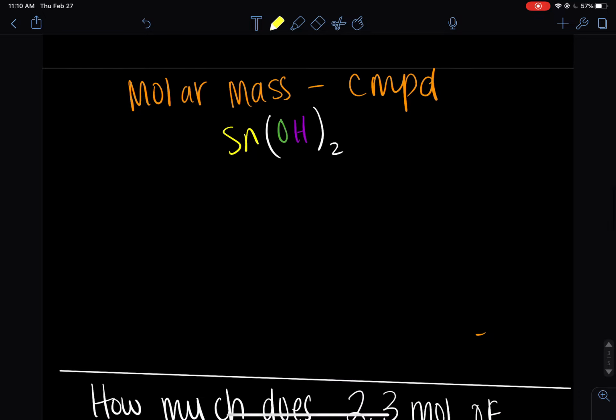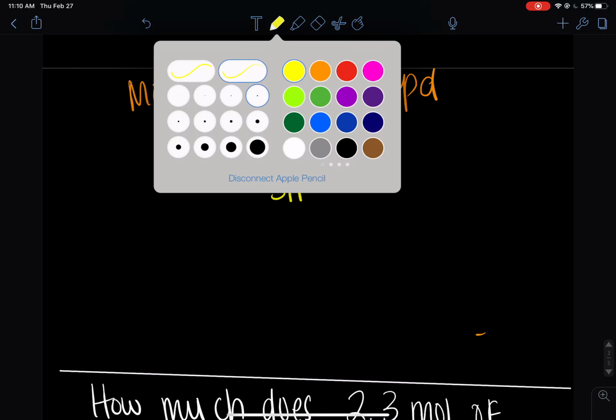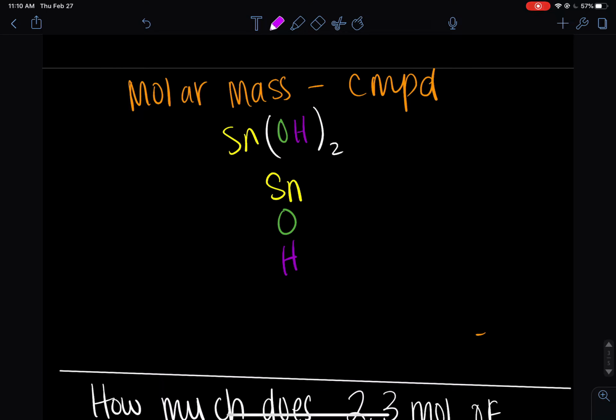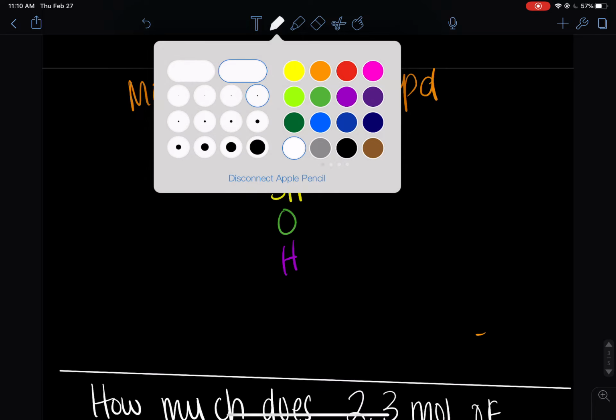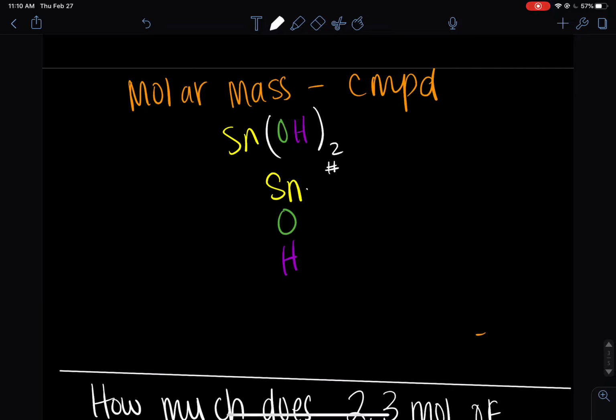So you break it into the pieces: tin, oxygen, and hydrogen. For each, you want to find the amount, so we're looking at how many we have of each. I have 1 tin, I have 2 oxygens, and this 2 also applies to hydrogen, so I have 2 hydrogens.